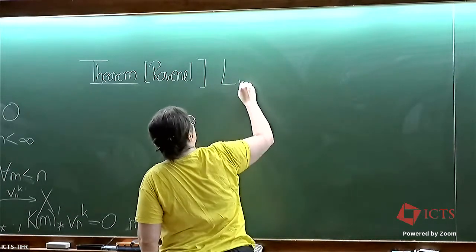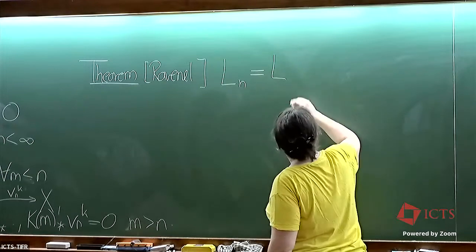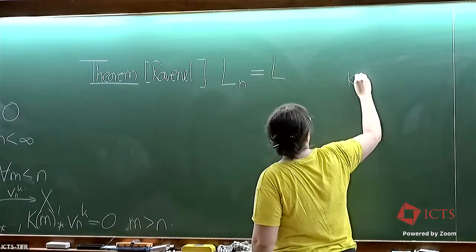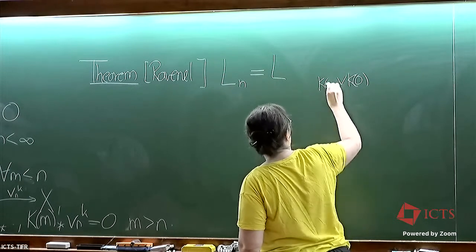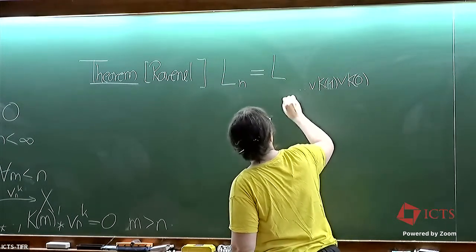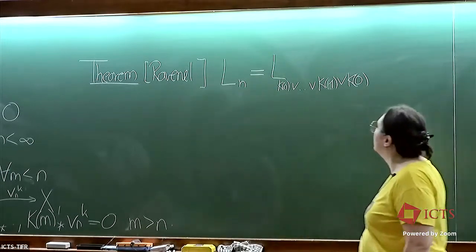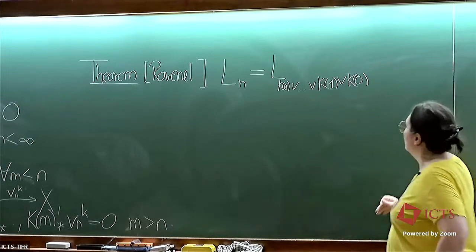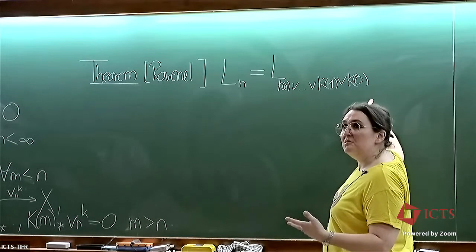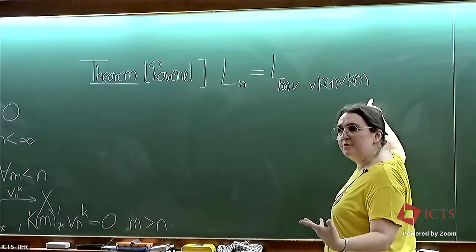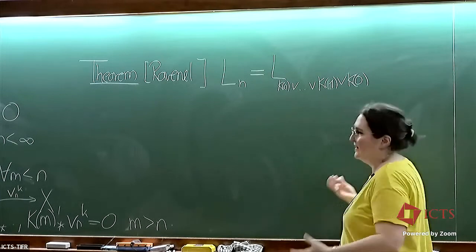Localizing with respect to En is the same as localizing at the wedge of the Ki's up to Kn. That does not mean at all that En equals that, but you can have the same localization functor even though the homology theories themselves are not exactly the same.